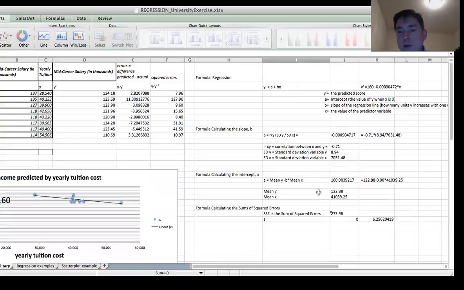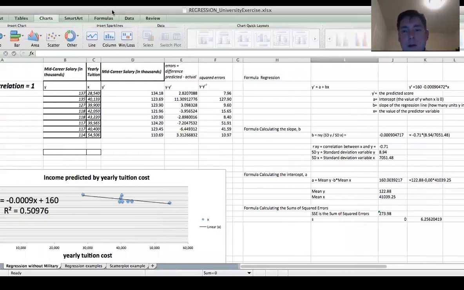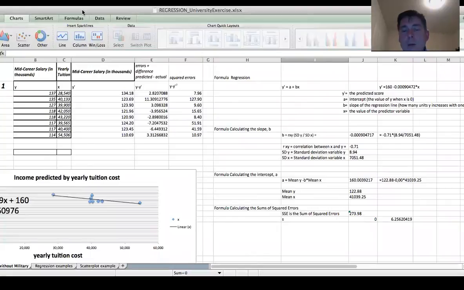All right, so the correlation coefficient is standardized. It doesn't really matter what scales you have. The tuition is, the beta is unstandardized. It depends on the metrics. So remember what I said earlier?